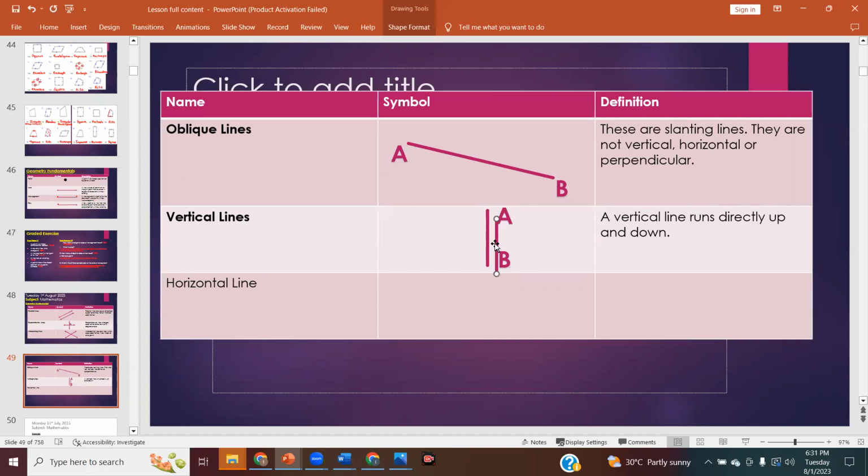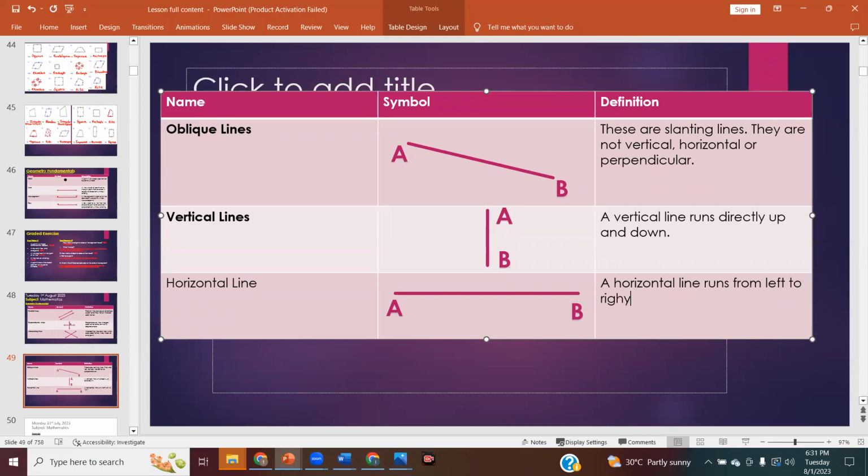So this line, a horizontal line runs from left to right. So those are the last three.